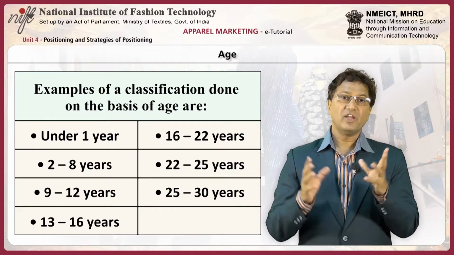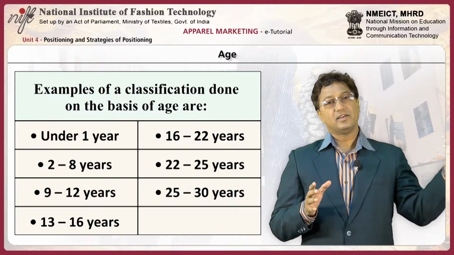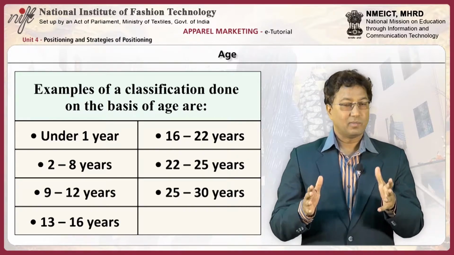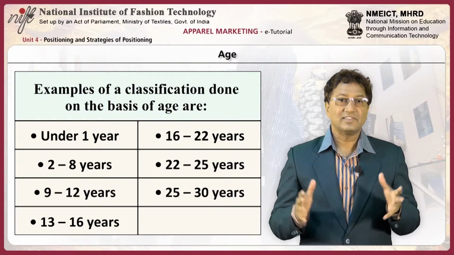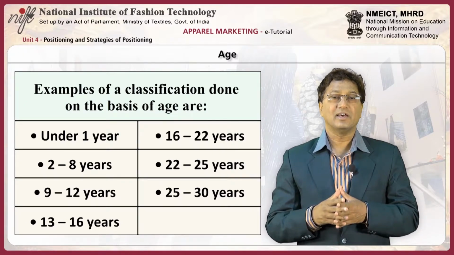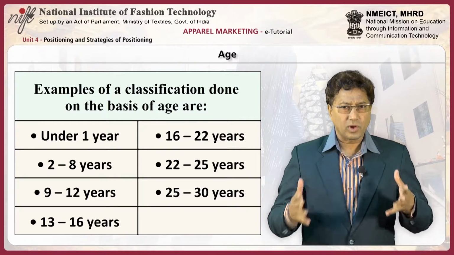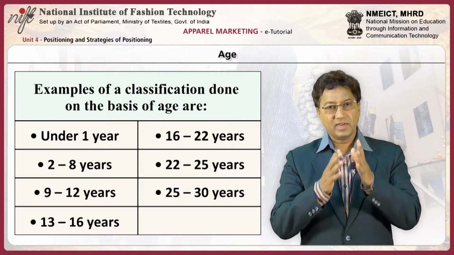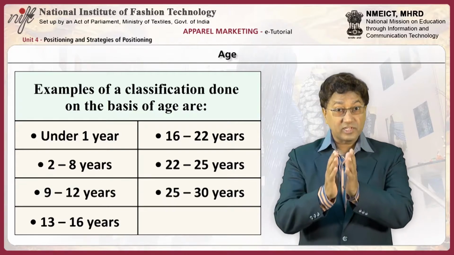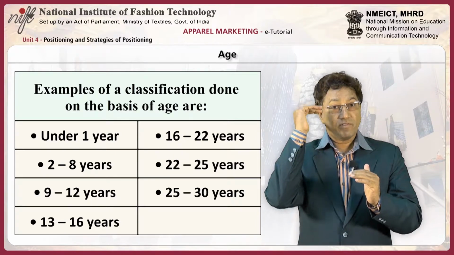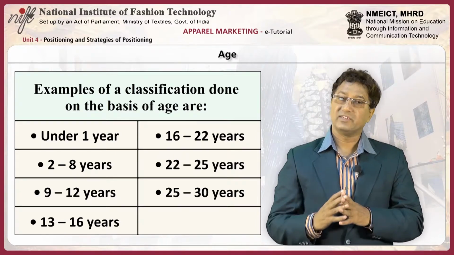Even though many of us would believe that all our kids 0 to 16 are considered as kids, but they are not. If I ask a 16-year-old guy or girl that you are a kid, they will tell, no, we are no longer kids, we are grown up. So the requirement, the needs and wants of each of these kids segments itself is different. So we have to understand the sub classifications within that.